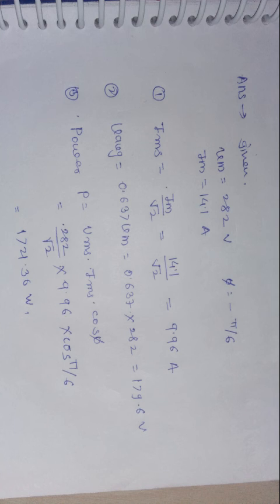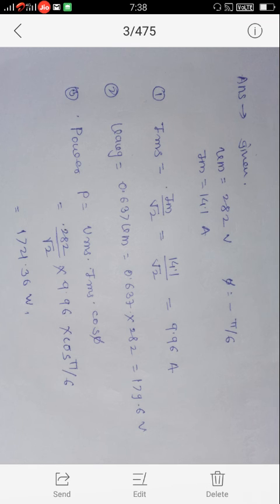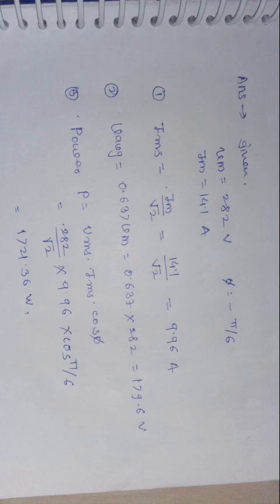Now the third parameter we will calculate, that is power. The formula for power is P is equal to Vrms into Irms into cos phi. Now the value of Vrms is taken as 282 upon root 2.